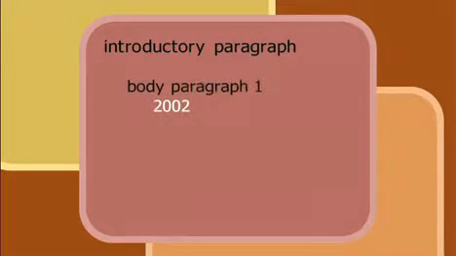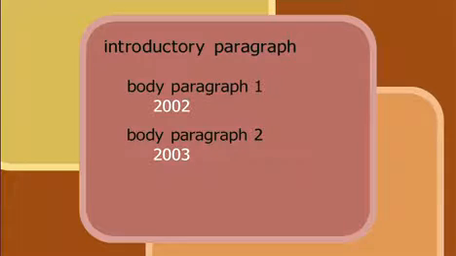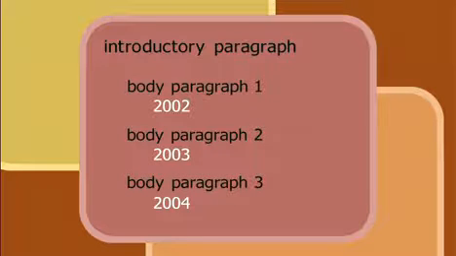So how could you structure this essay? One option is to have body paragraphs for each of the 3 years. Within those paragraphs, you'd have to describe data for the 5 countries. You might be able to think of some other structuring options as well.